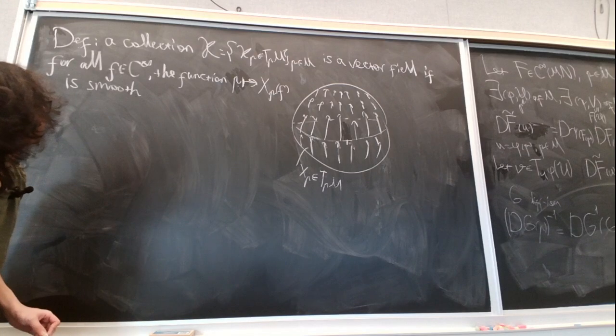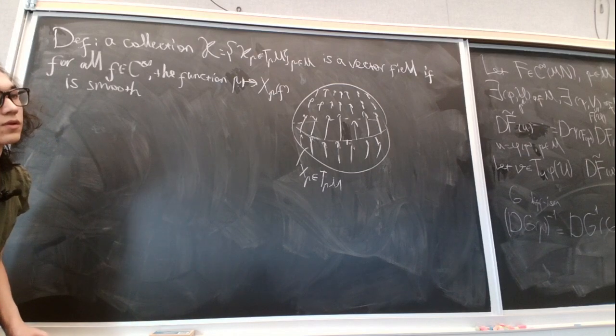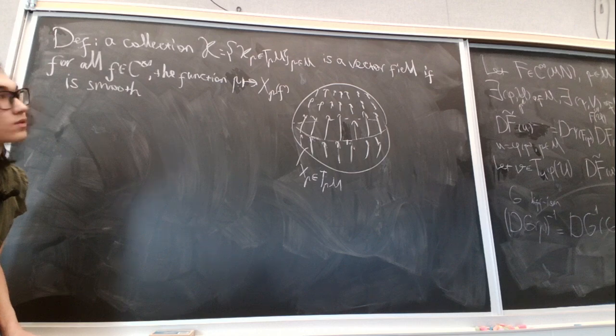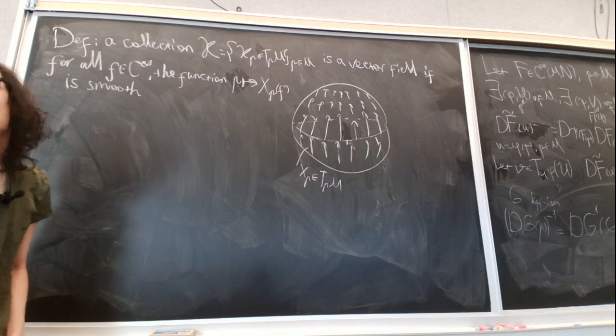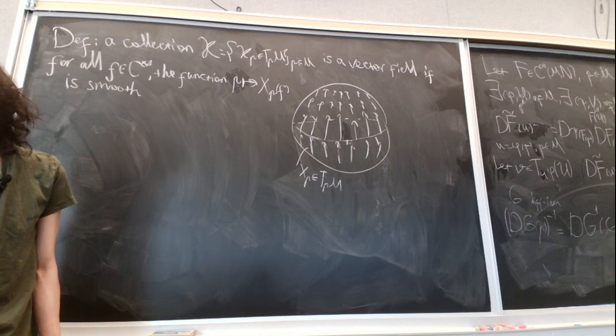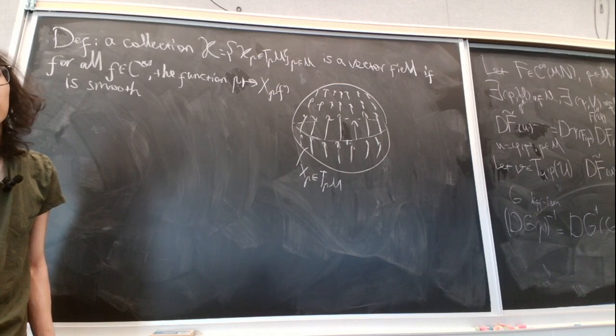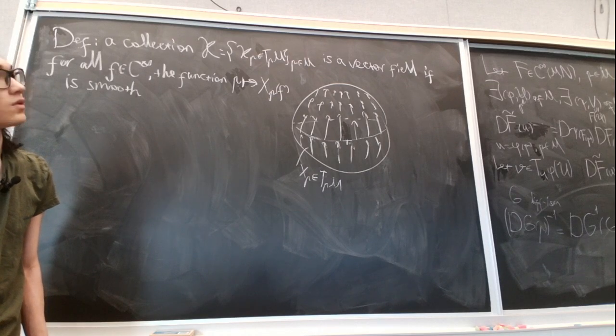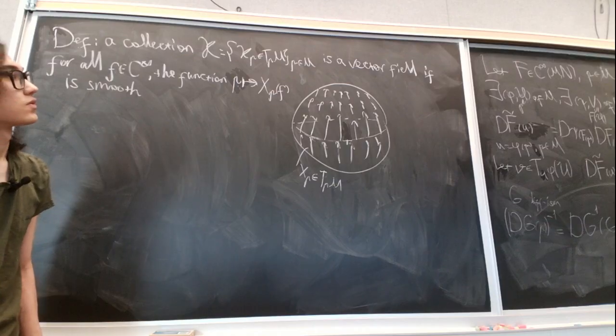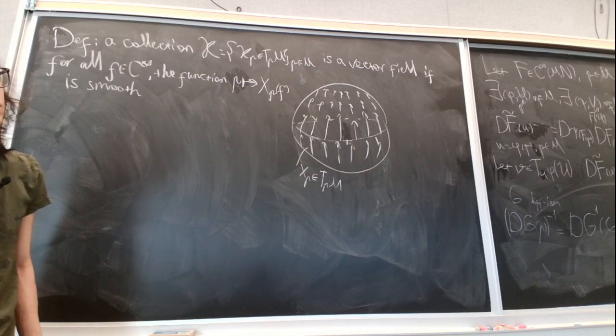So the derivative is smooth, where smooth is in terms of which point I pick. When we stand at this point and walk in a direction, the direction in which I'm going should change smoothly and not too sharply.